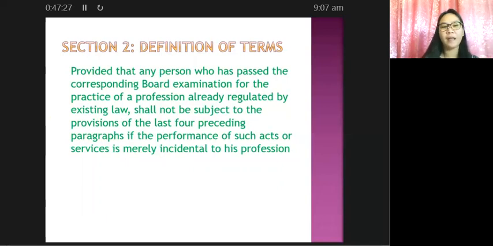Meaning, actually this particular provision is hard to explain in English. This provision, at the end of the definition of the practice of medical technology, says here that other professions, provided that the profession is regulated by a certain law here in the Philippines, are not subject.